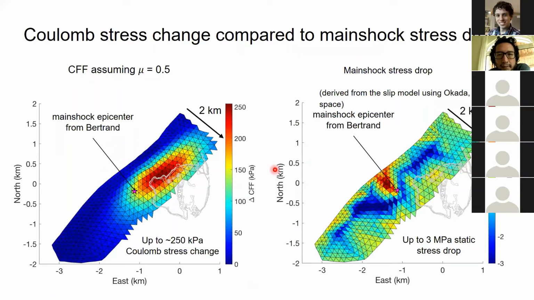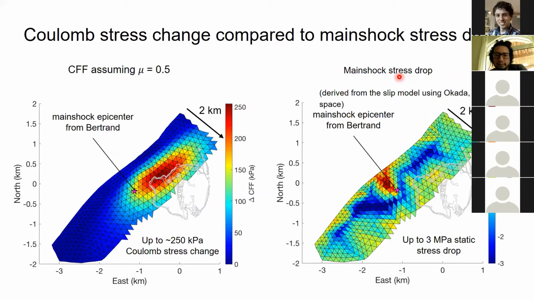So here I'm showing on the left the change of Coulomb stress, and on the right the stress change during the earthquake, computed using the slip model that's constrained from the InSAR, and also dislocation solutions in the homogeneous half space.